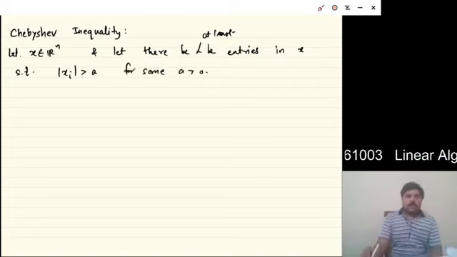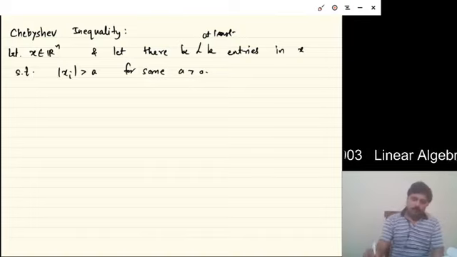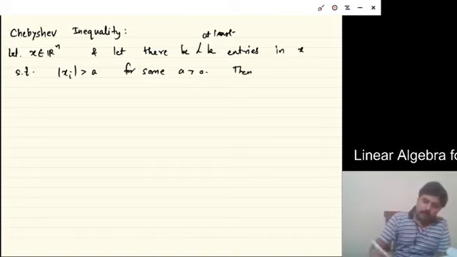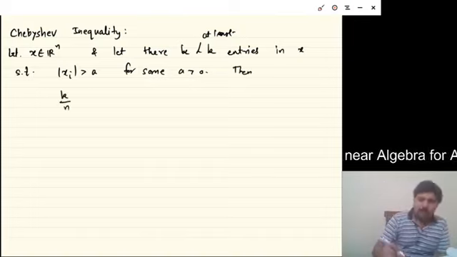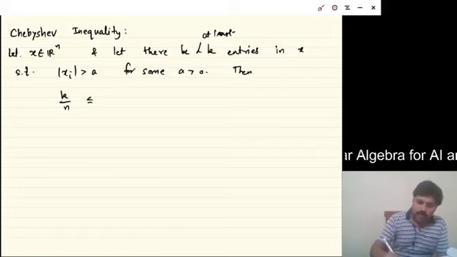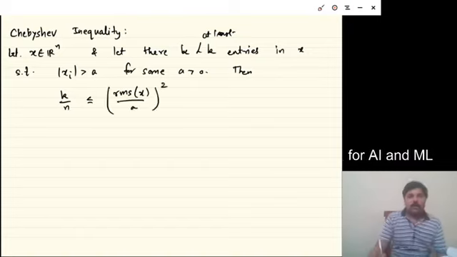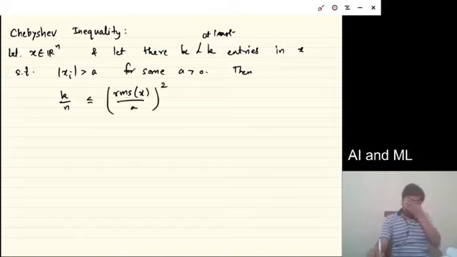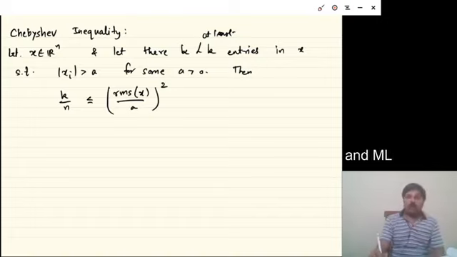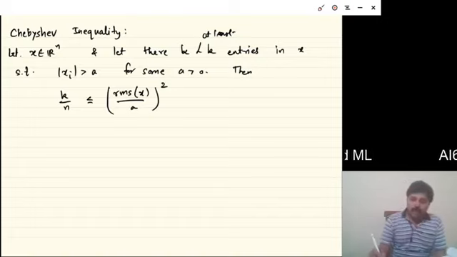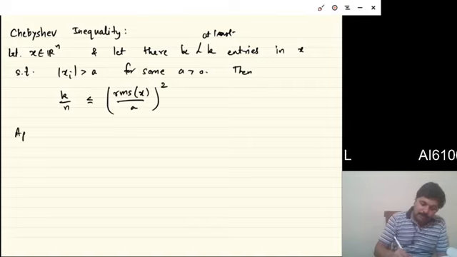This is what was given. And then the Chebyshev inequality said that the ratio k by n is less than or equal to RMS of x divided by a whole square. So this was the Chebyshev inequality that we actually proved yesterday.